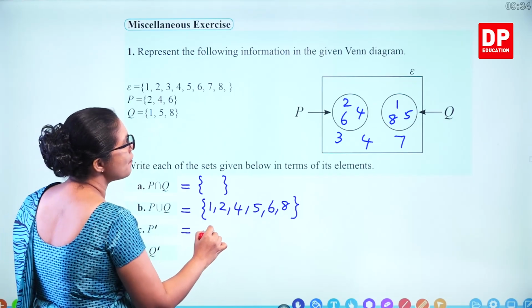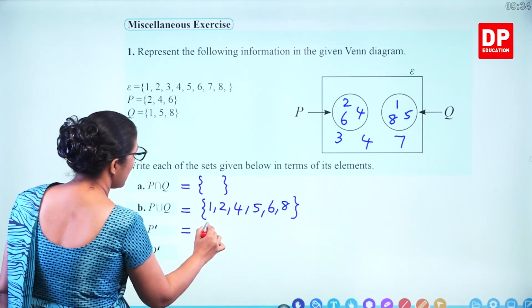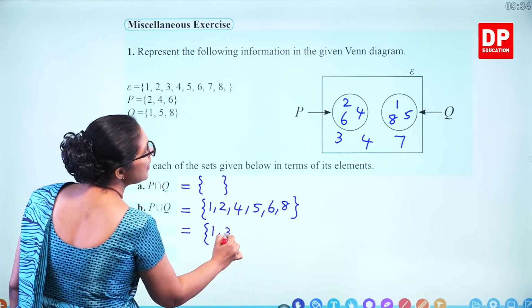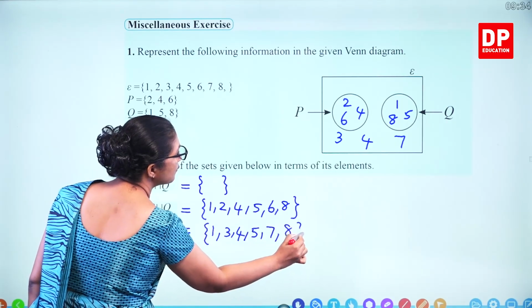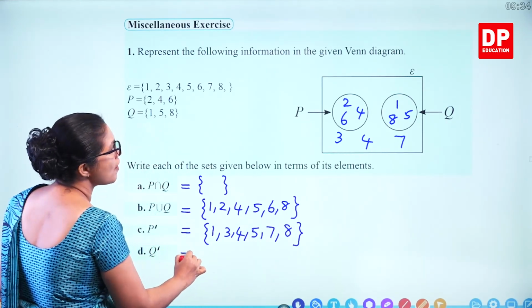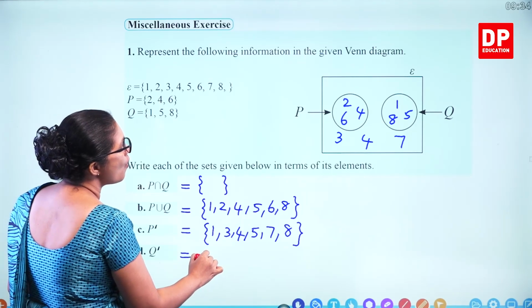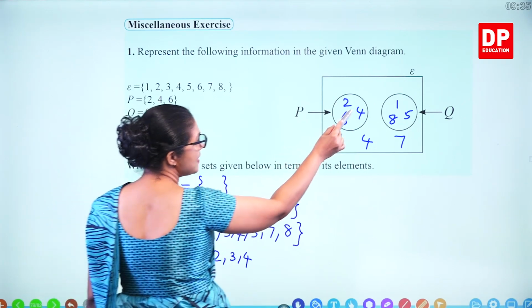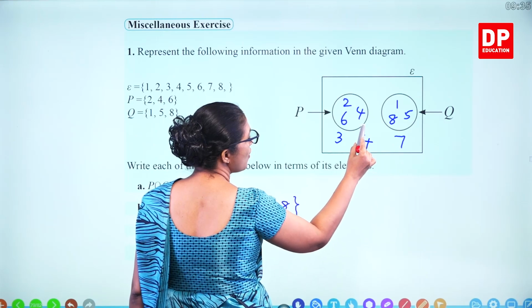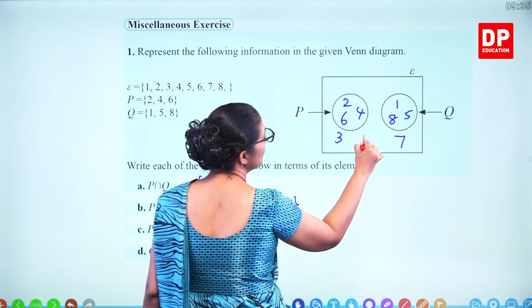P dash, everything outside P: 1, 3, 4, 5, 7, 8. And Q dash, everything outside Q: 2, 4, 2, 3, 4. Here I have made a mistake. So here 4 is not there, so I have to delete 1, 4.